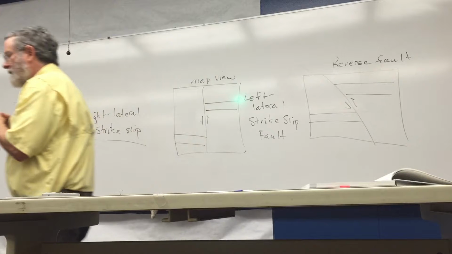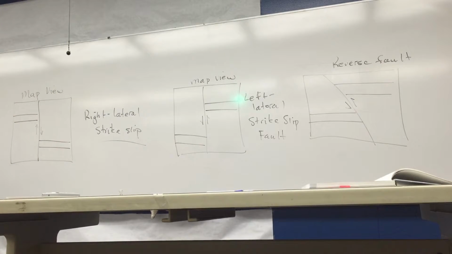Now, what I would like to do is click through some of the slides just to get an overview of the types of systems we're going to be looking at. Then we're going to step into normal fault systems. We're going to end up in Africa to look at the rift systems.